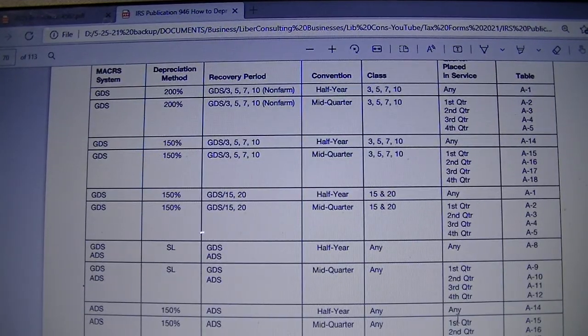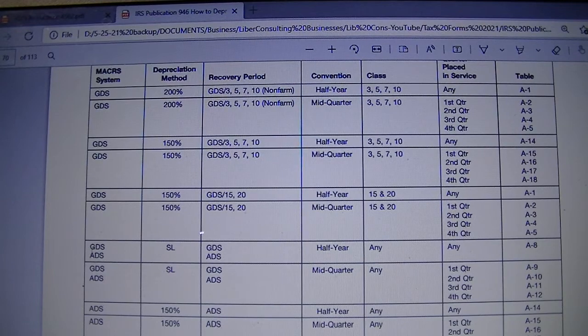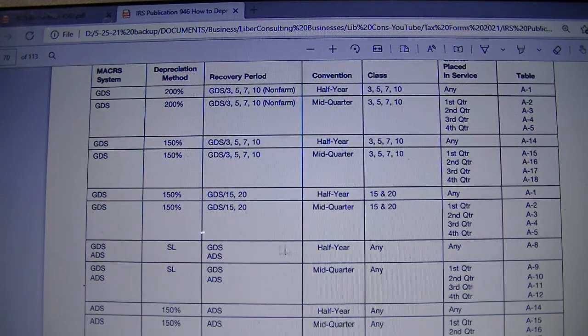So we want to use the same thing we are using for the first one. So it's going to be GDS, straight line, GDS for recovery period, so GDS/5, because that's a recovery period.